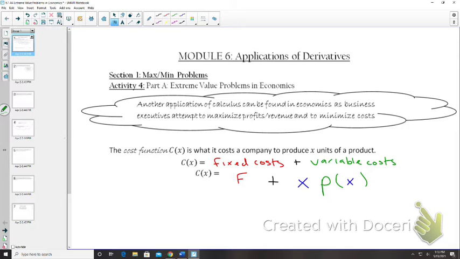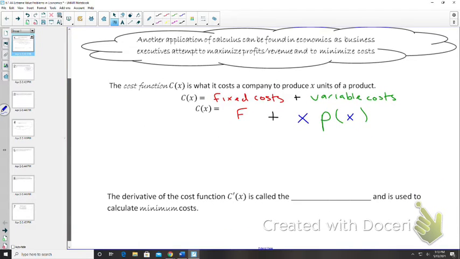So X here will represent the number of units produced, and P is going to represent the price per unit.